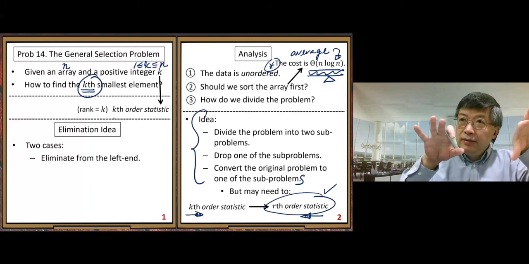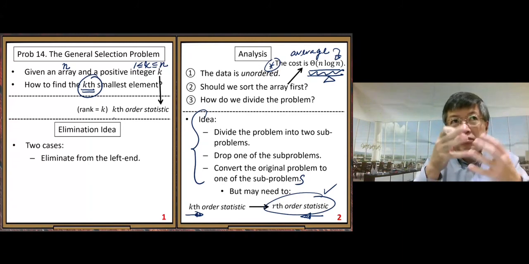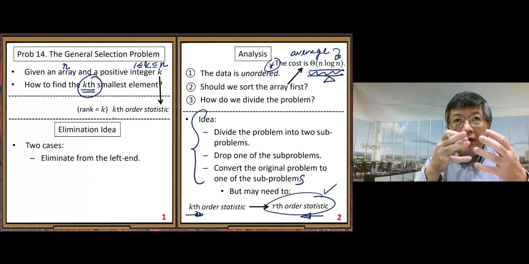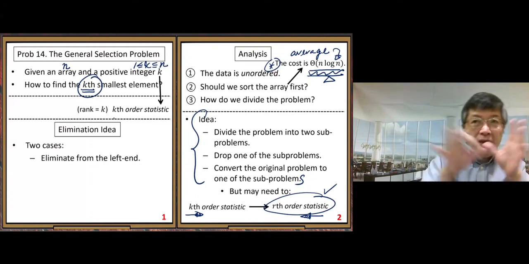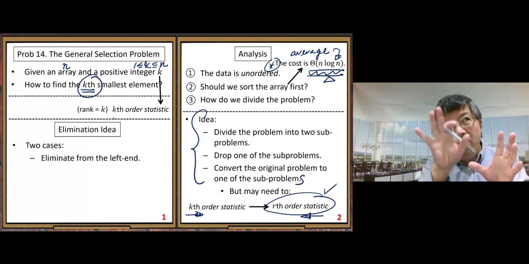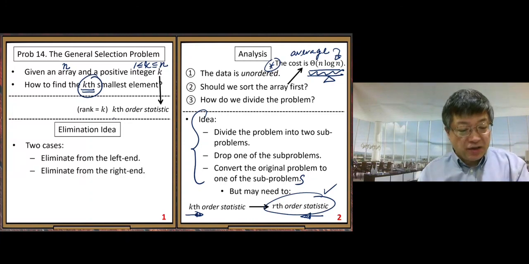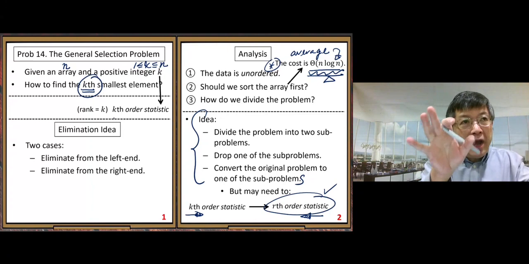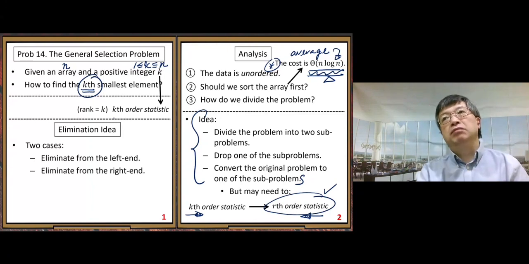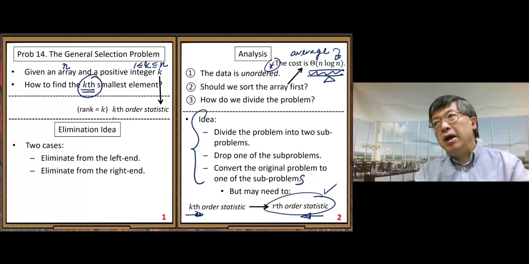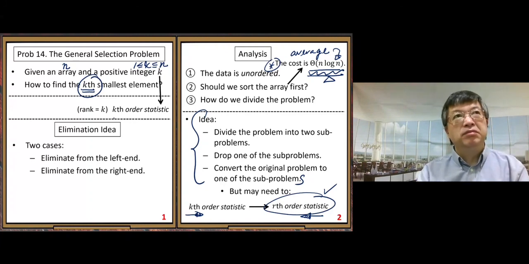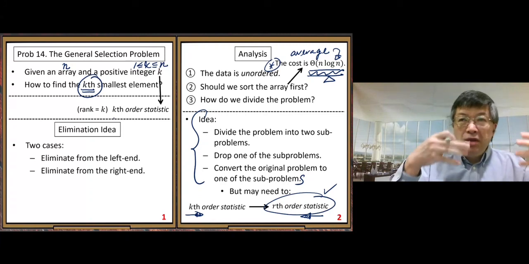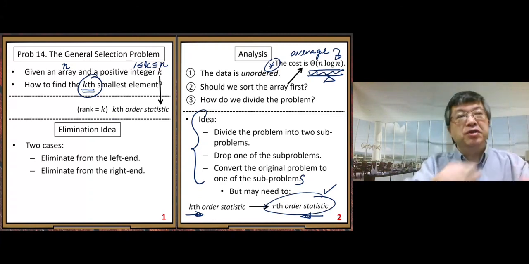Then you do some transformation and look at it from the right-hand side, and you can eliminate a few more elements. Things like that can help you eliminate as many elements as possible. Later, I will try to find some examples to show you this idea can improve our efficiency.